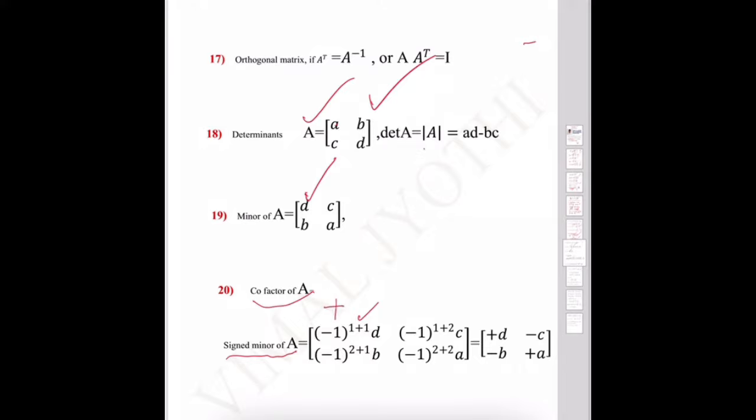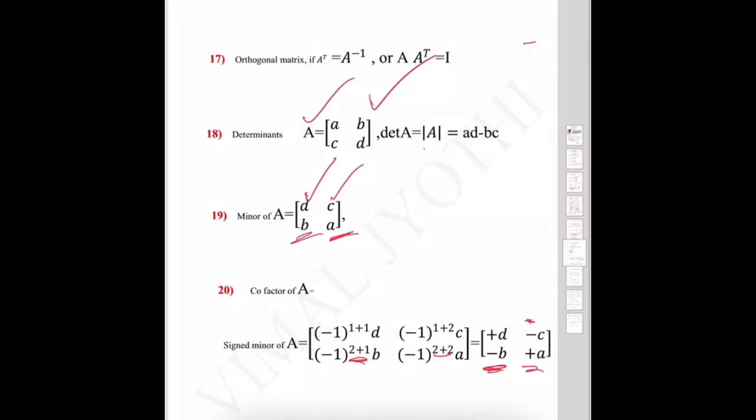The sign of C: first row, second element, minus 1 to the power of 1 plus 2, that is negative. Then the sign of this element: second row, first element, minus 1 to the power of 2 plus 1, that is minus. Then the sign of A: second row, second element, minus 1 to the power of 2 plus 2, that is plus.